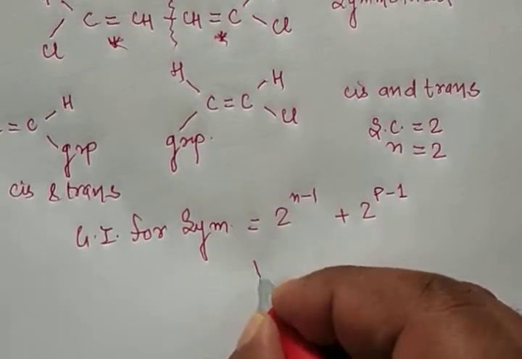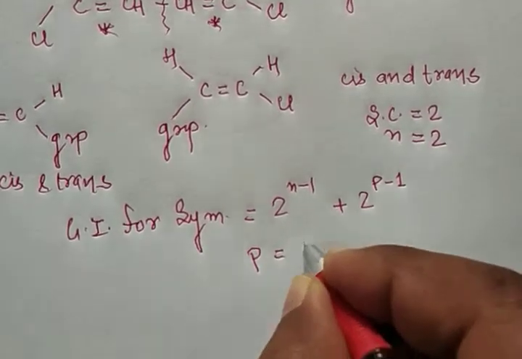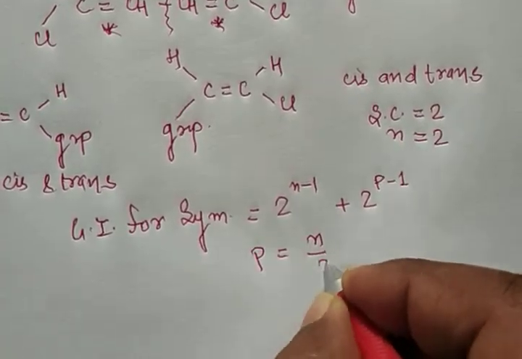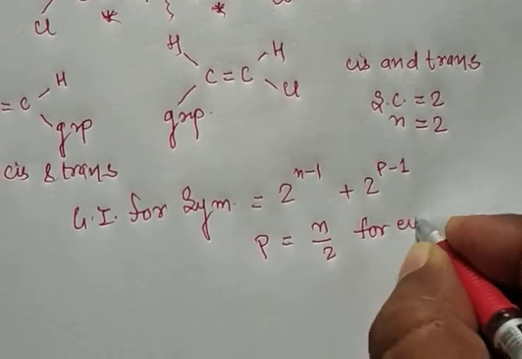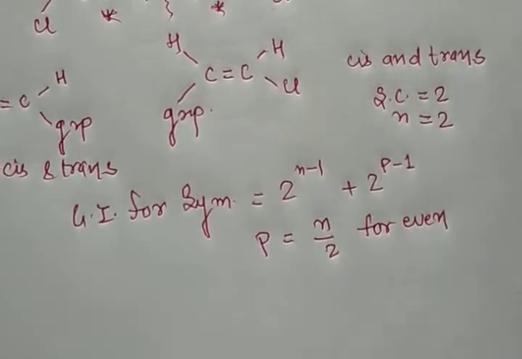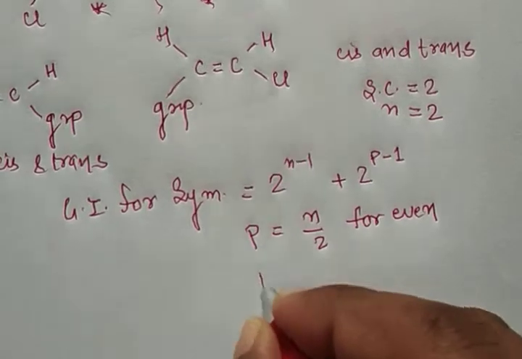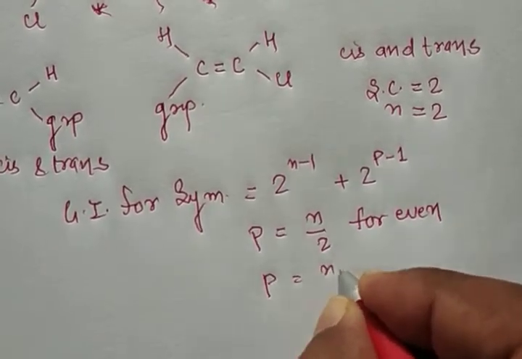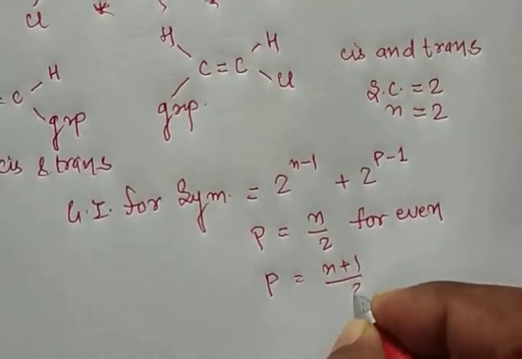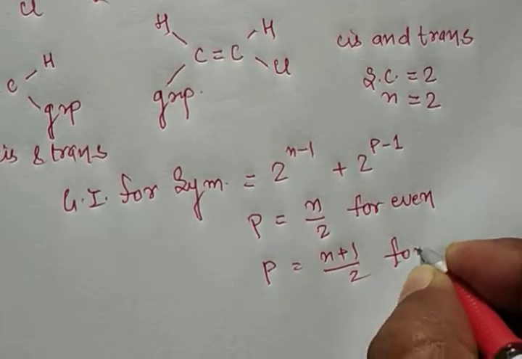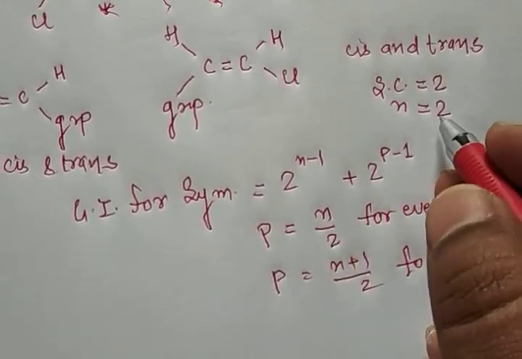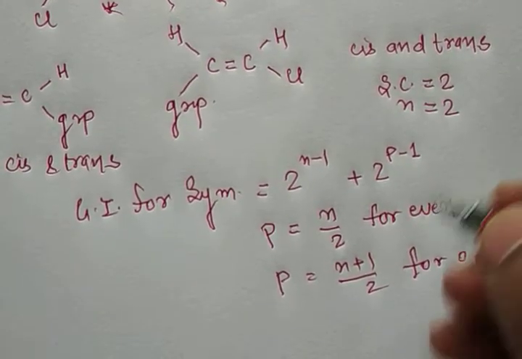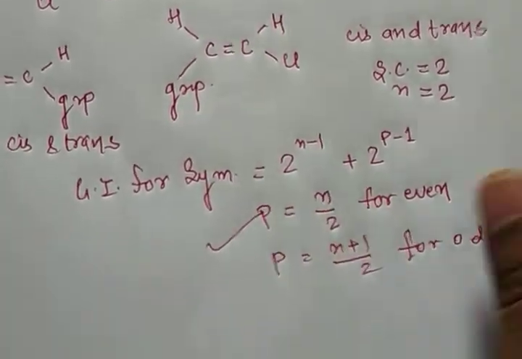P is equal to n by 2 for even n, and p is equal to n plus 1 by 2 for odd n. What is n? It's 2, right? Is n even or odd? Even, definitely. So now you apply this formula.